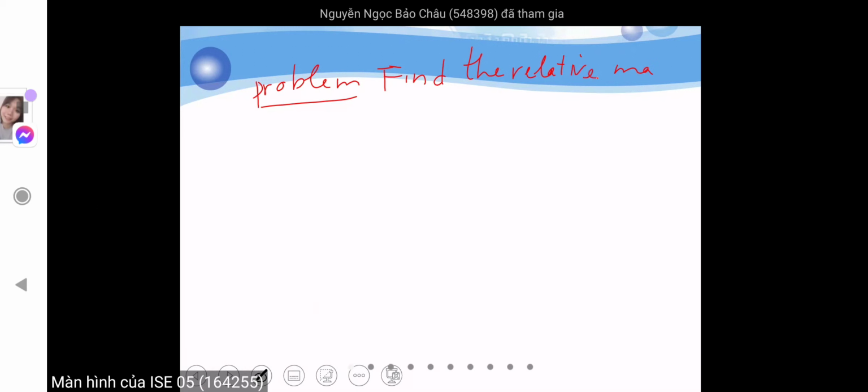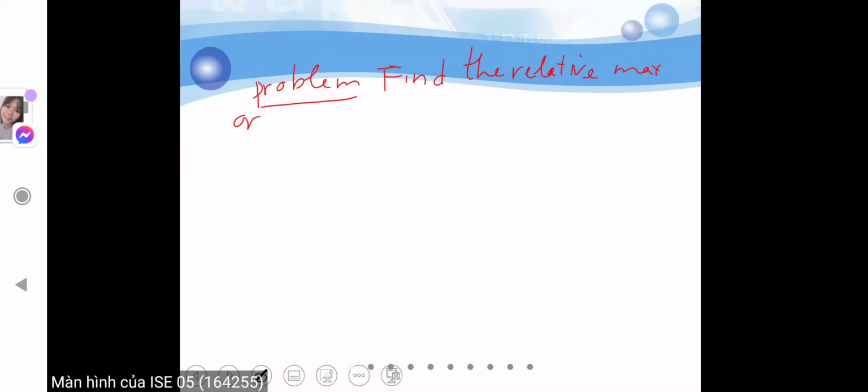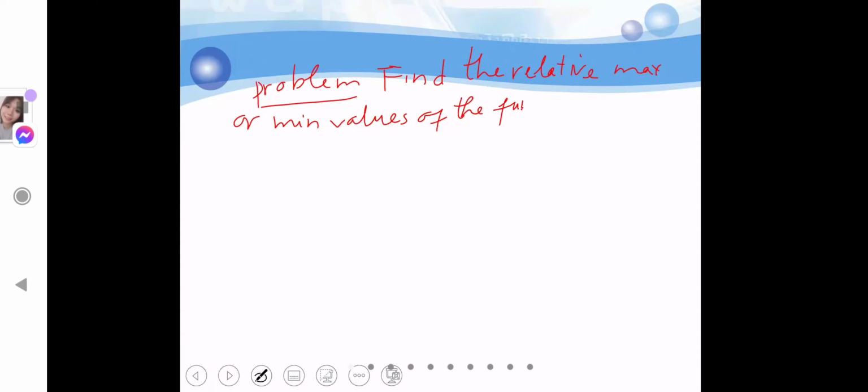So you write: find the relative maximum and minimum values of the function y equals f(x). How many steps?